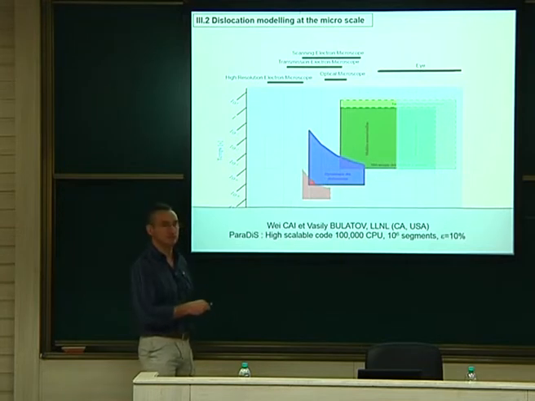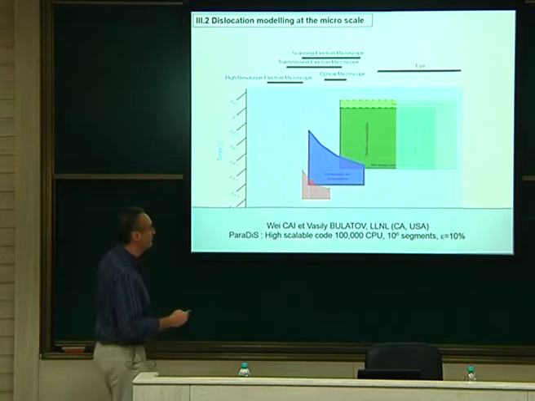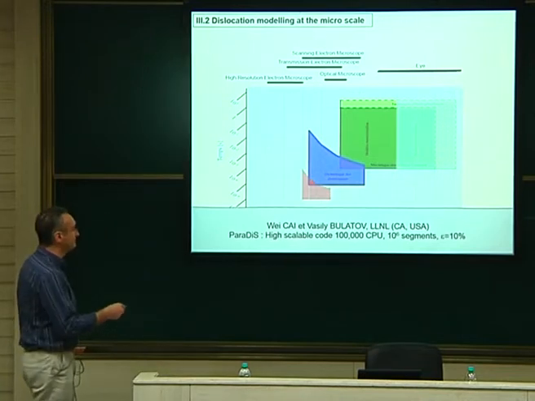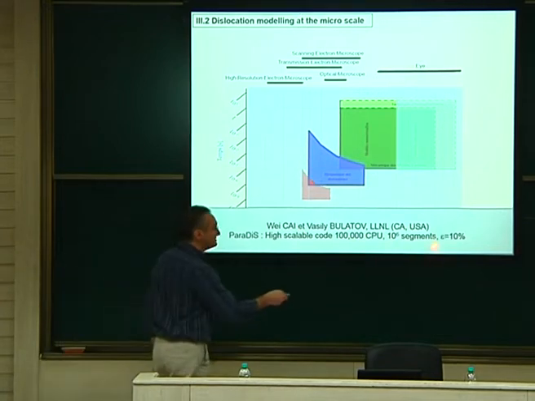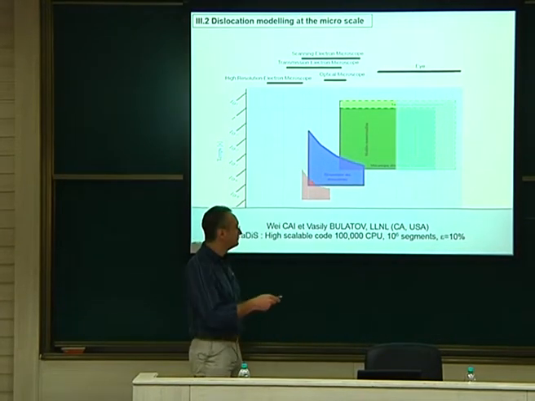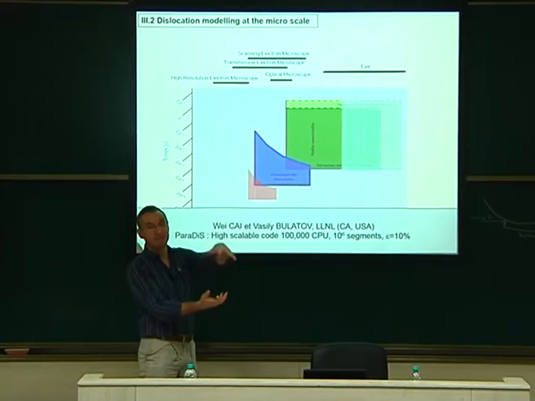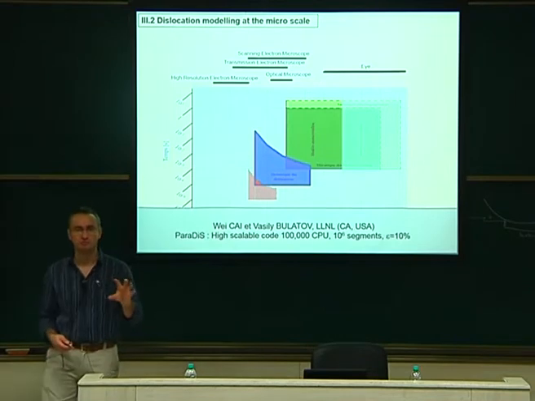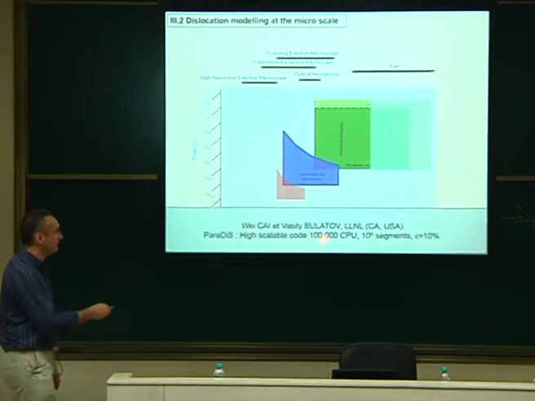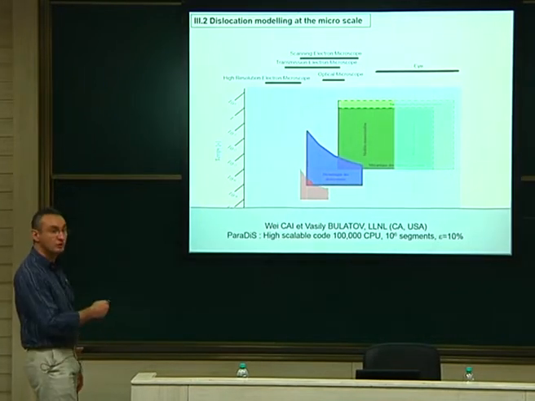This was the Blue Gene machine they bought, I think in 2008. Thanks to that machine, they were able to run 1 million segments, which is huge. I cannot do that. They were able to simulate the deformation up to 10% plastic strain, which is large. The size was a few microns, maybe 2 or 3 microns. So not a big simulation, but a large-scale simulation that nobody else could do in the world. This was the world record on DD.